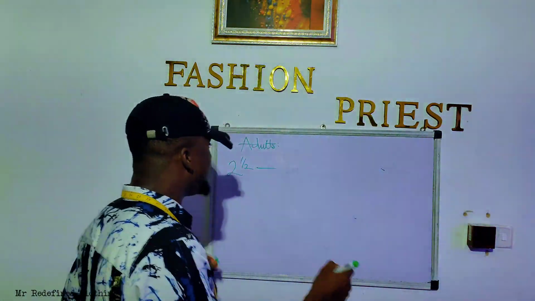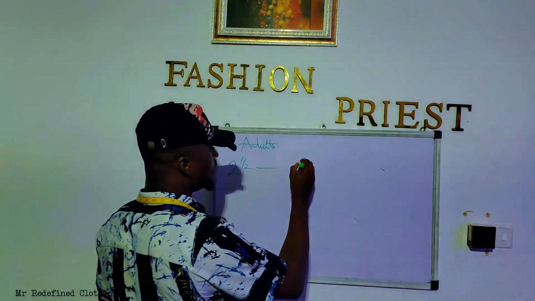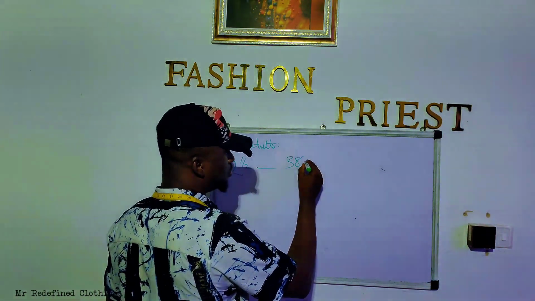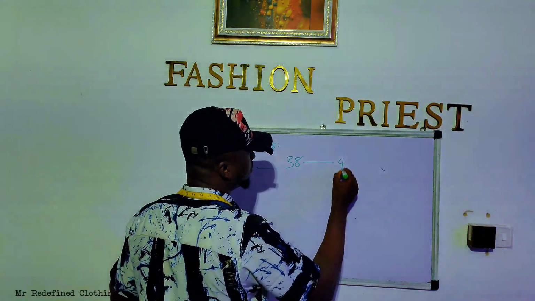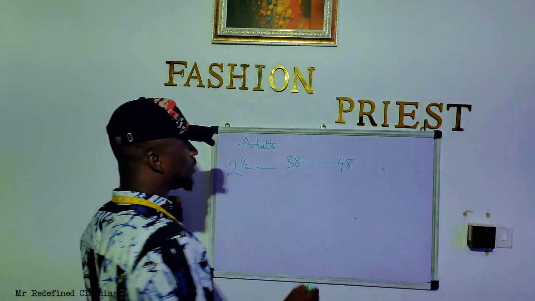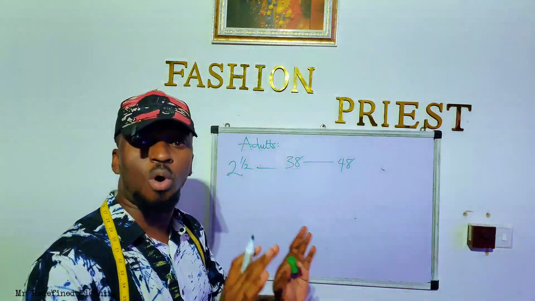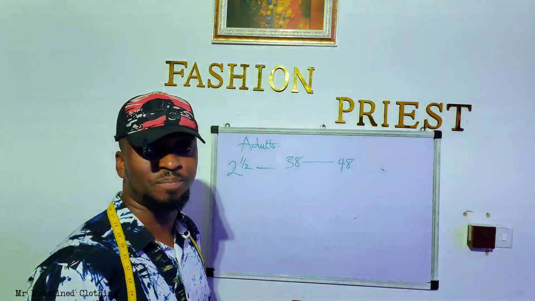So if you have a measurement where the chest value is from, let's say, 38, for example, to 48, you can slant with 2.5 and it will work for the person, right?